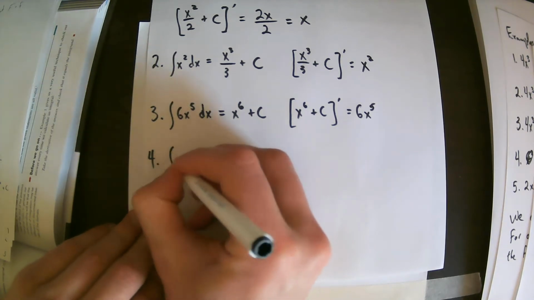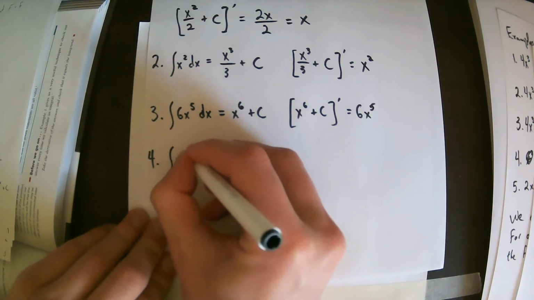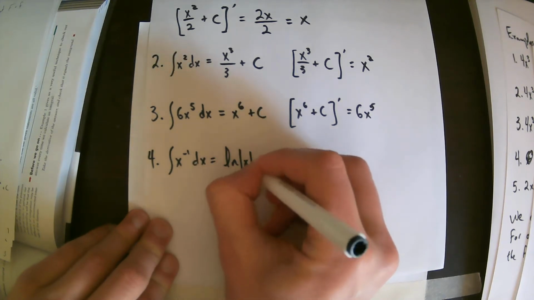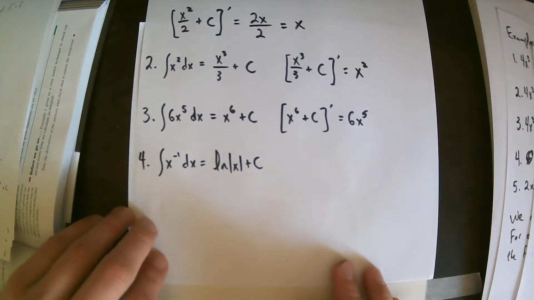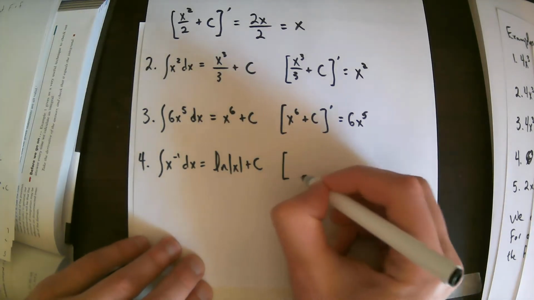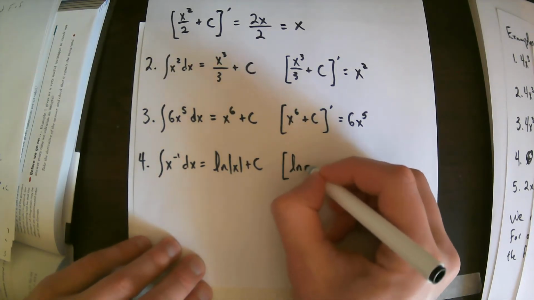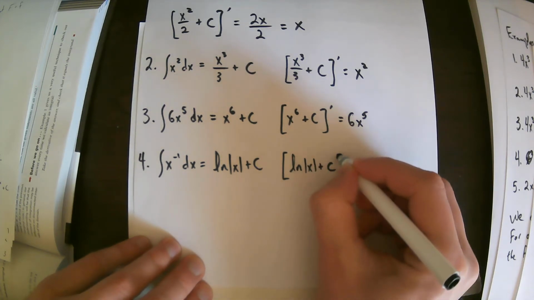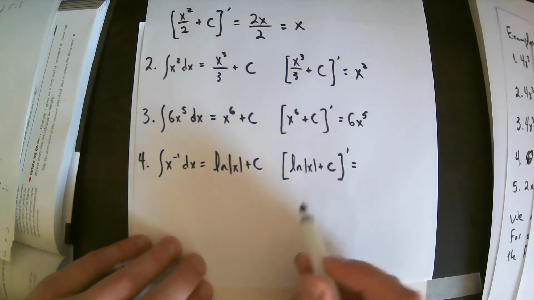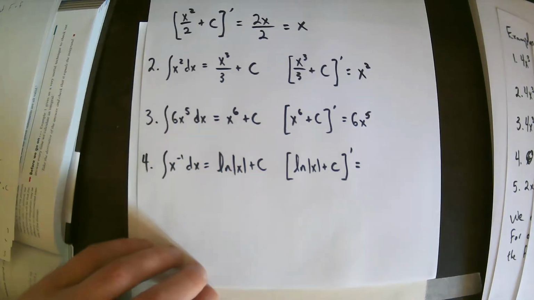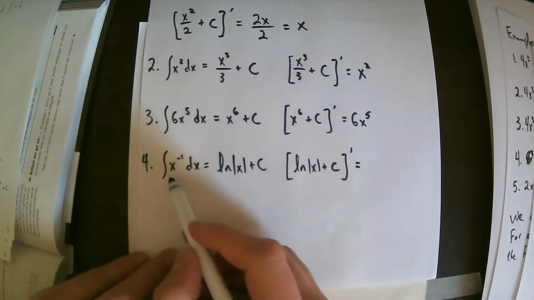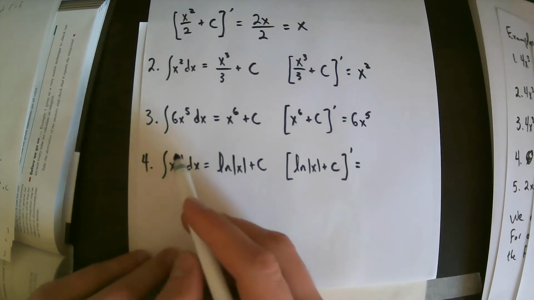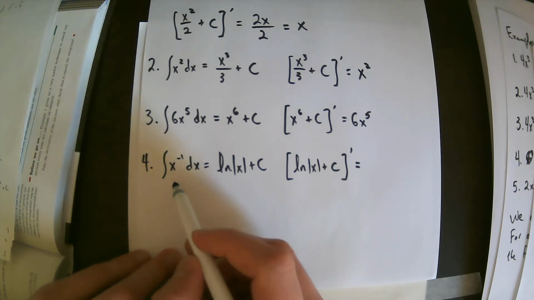How about the integral of x to the negative 1 dx equal to ln of absolute value of x plus c? Well, taking the derivative of ln of absolute value of x plus c. The absolute values are just there because over here, the domain of x to the negative 1 only has one restriction. It just can't be 0.